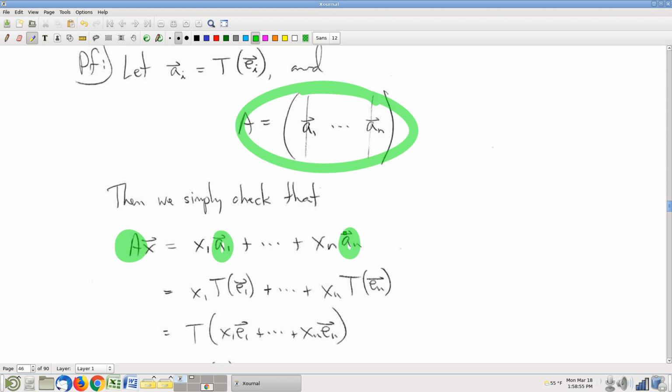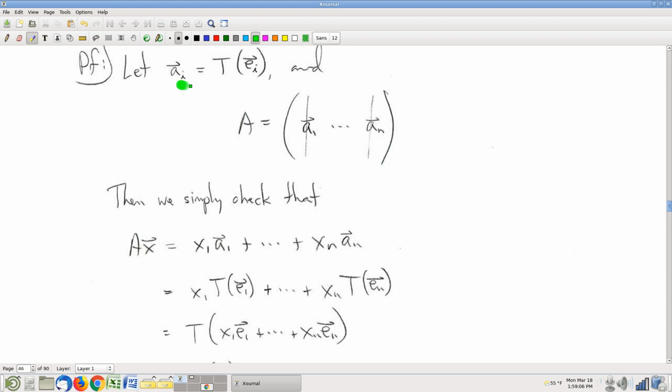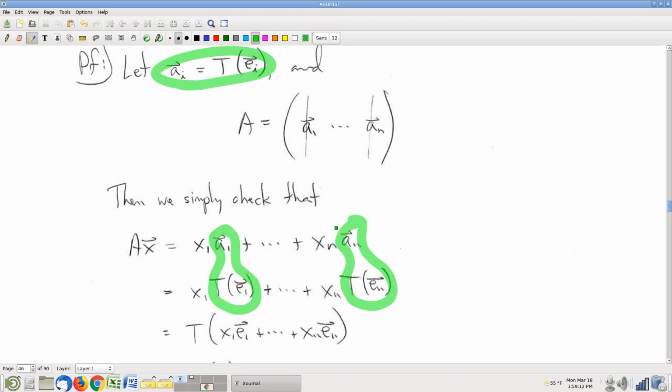Don't forget it, but back burner that. Think of matrix multiplication as linear combinations of columns in this case. By our choice, by construction, these columns are the images of the standard basis vectors, T of E1 through T of En. That was our choice.